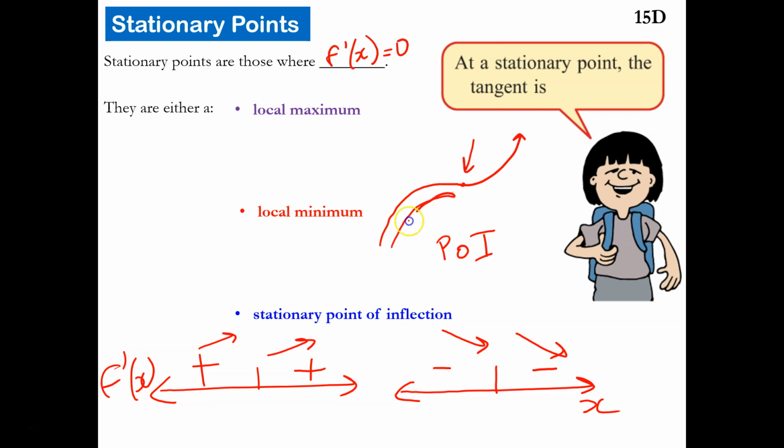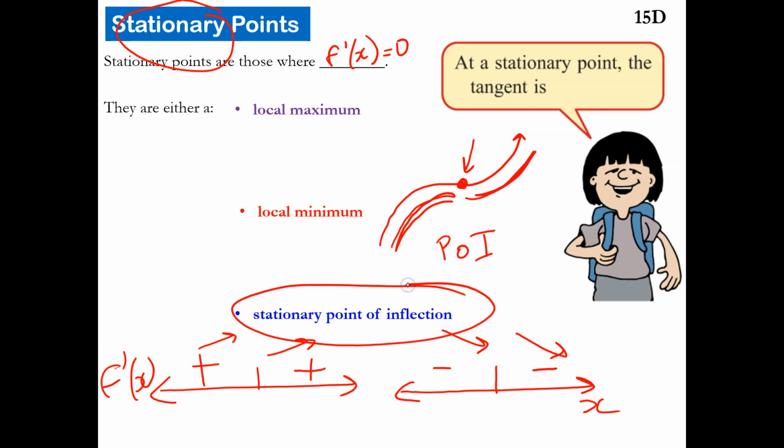It did. We have concave and we have convex, but also the gradient of the tangent at that point is zero. So it's a point with two special characteristics. It's a stationary point, but also it's a point of inflection. That's why we call it a stationary point of inflection.